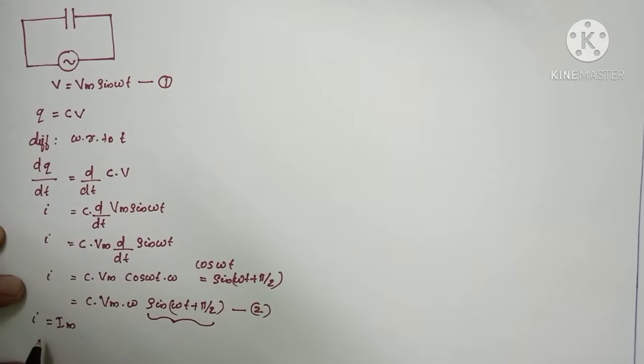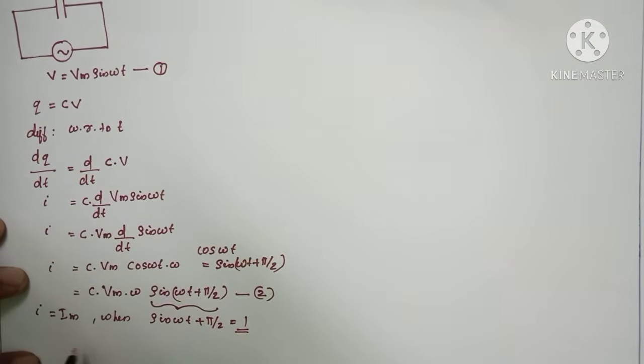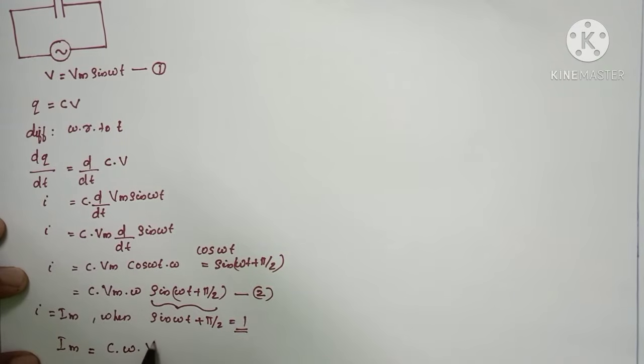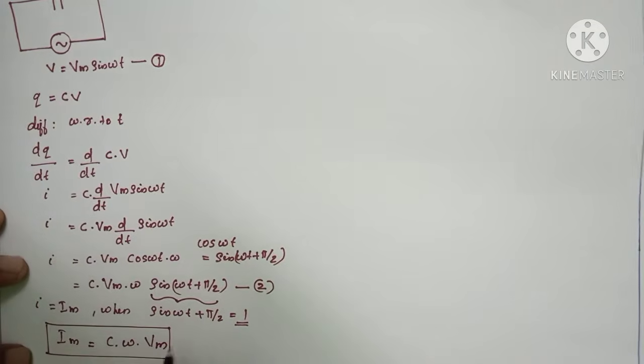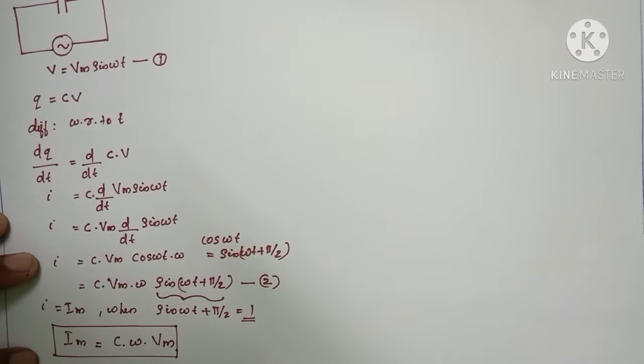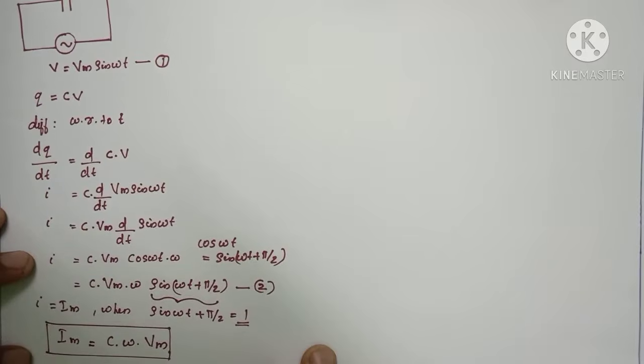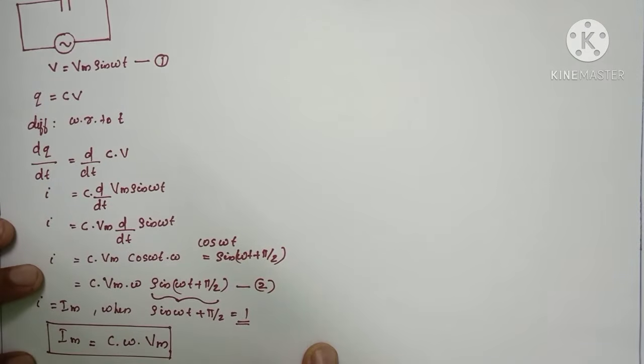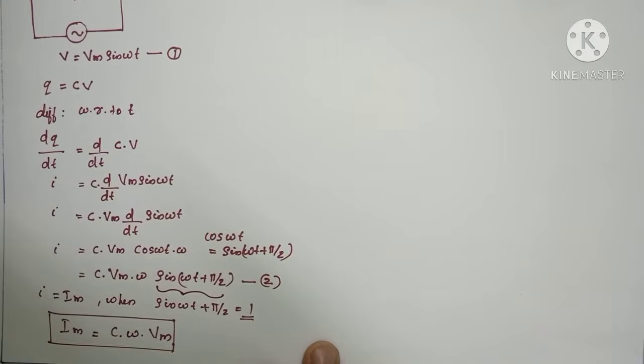So we can write i is equal to Im when sin omega t plus pi by 2 is 1, so that Im will be equal to C into omega into Vm, and this is one of the important points.